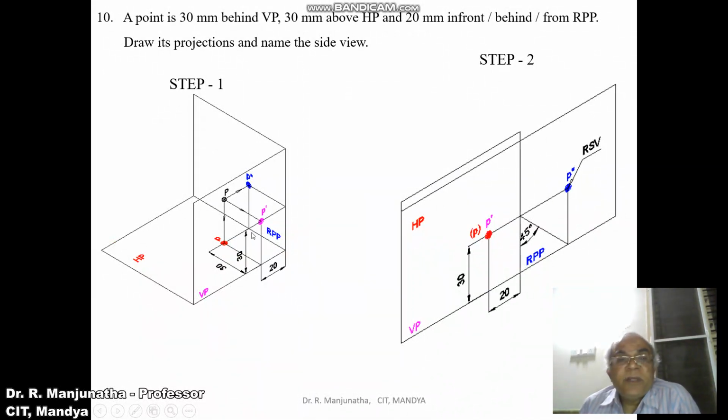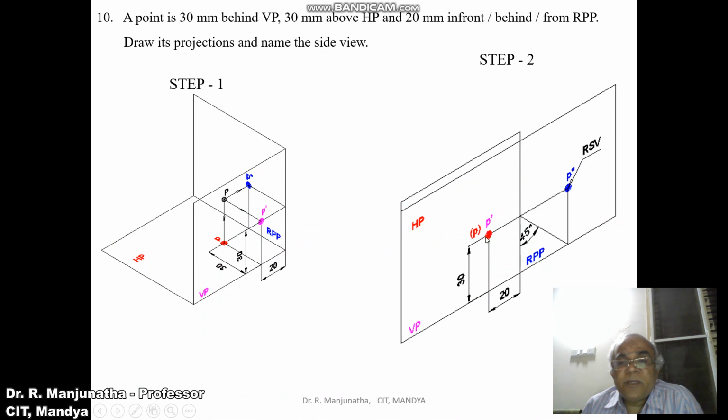Obviously the images in the corresponding planes also get rotated, and the RPP is rotated clockwise adjacent to VP. The points will also get rotated correspondingly.